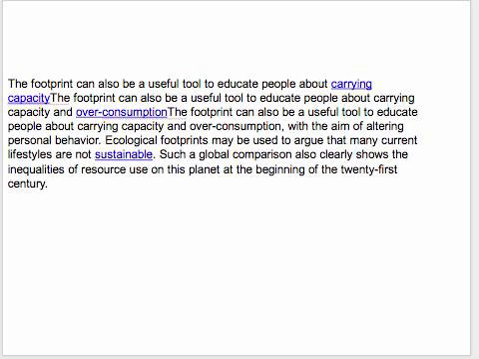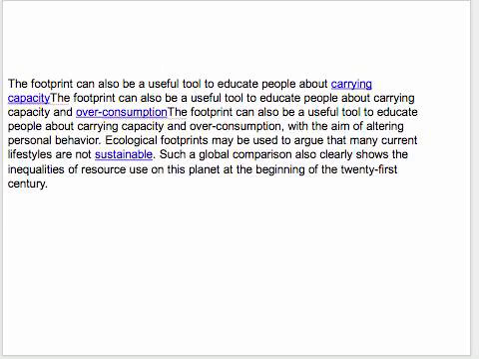Moving on, the footprint is a useful tool, and it can be used to educate people about carrying capacity and about the concept of overconsumption. Now, whether you look at ecological footprints in terms of your global responsibility, so globally each person has available to them 1 Earth or 1.8 hectares, or you do it by country and say each country has so many hectares of land available to it, so that is your share of your country's footprint.